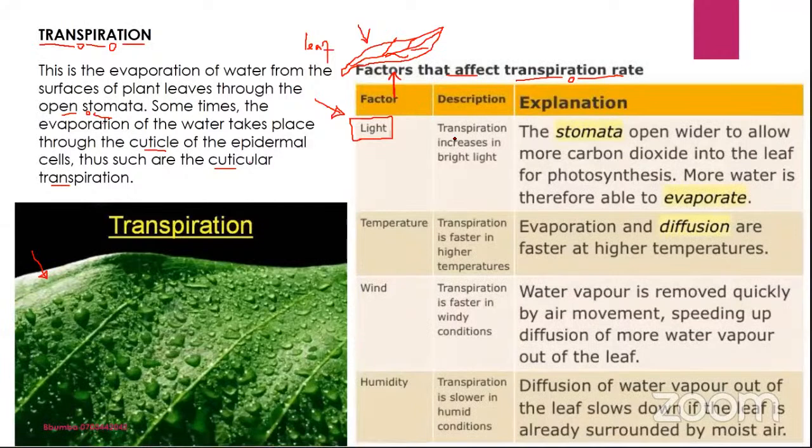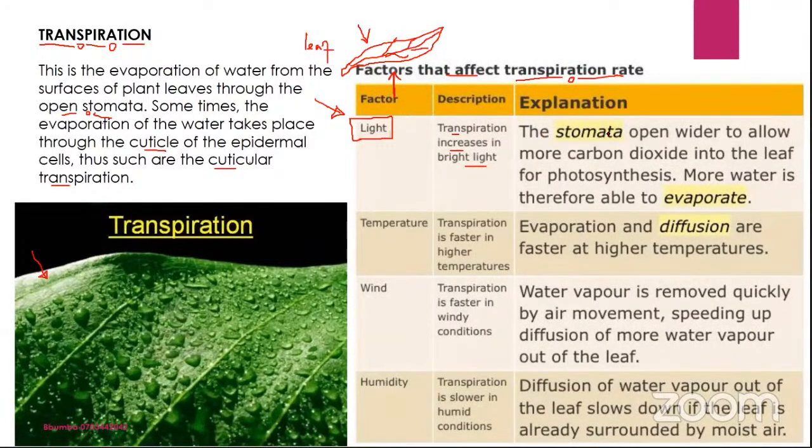Here, we know that transpiration is going to increase in bright light. But why? Have you ever asked yourself, if transpiration increases in the presence of light, what does the light do that makes this plant begin losing water more than in the dark?